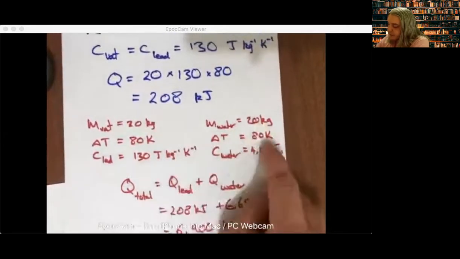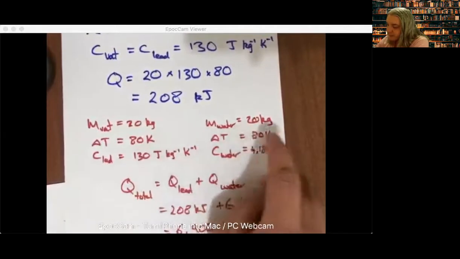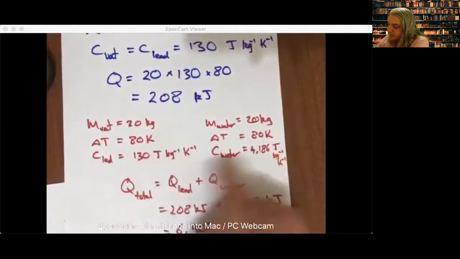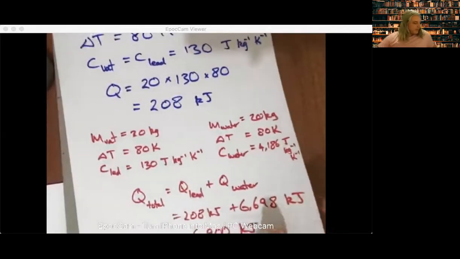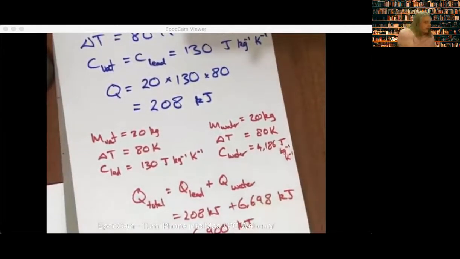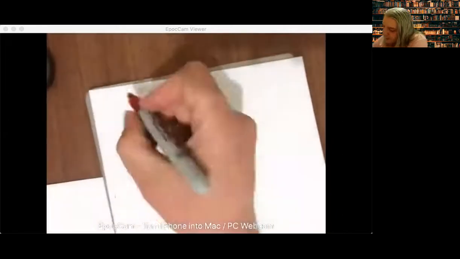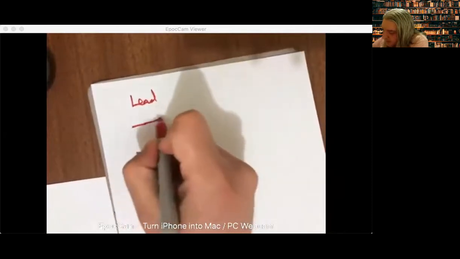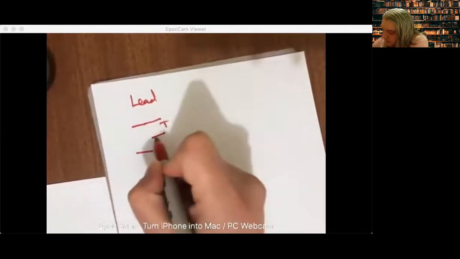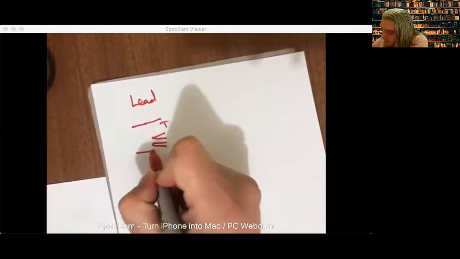We both had 20 kilograms, we both had 80 Kelvin, but the specific heat capacity is very different. So remember that that's because they put the energy into different parts of their internal energy. You give them some heat, they put it into different places. So what that tells us is that for lead, you give it some energy, and a big chunk of that is going to go into temperature, and then smaller bits are going to go off into the other parts.